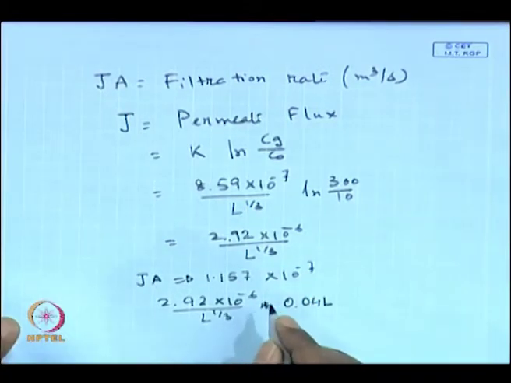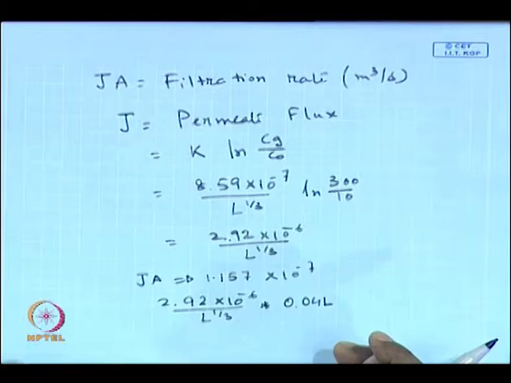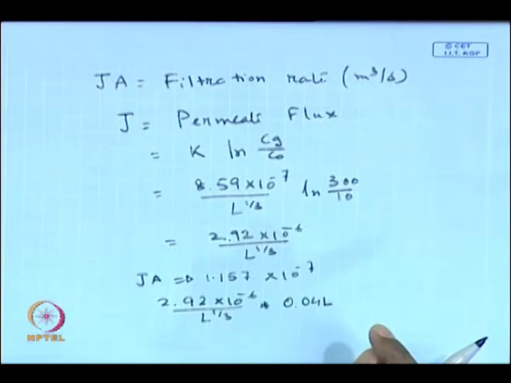Now, in this particular problem, it is given only at the bottom. It will be specified in the problem. For this problem, I have solved it keeping the membrane only at the bottom of the channel. If it is put on the top of the channel as well, it will be twice the area. That will be given in the problem. Otherwise, even if it is not stated, you just assume that the membrane is kept on both the walls and do it accordingly.